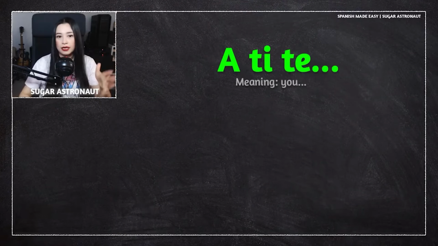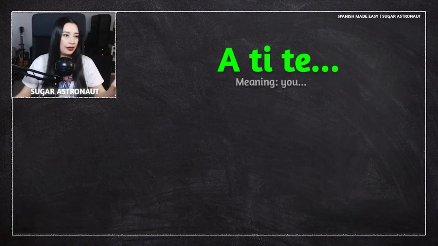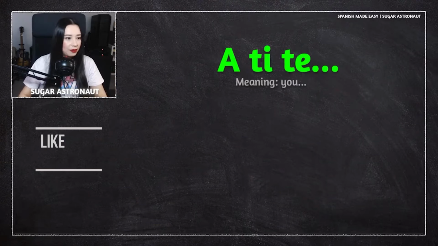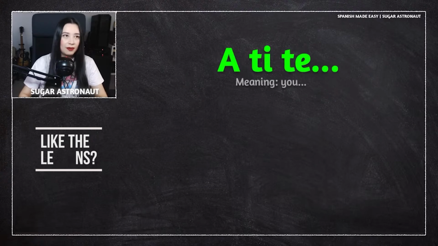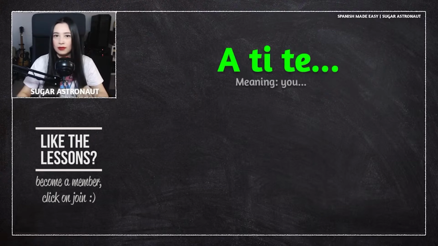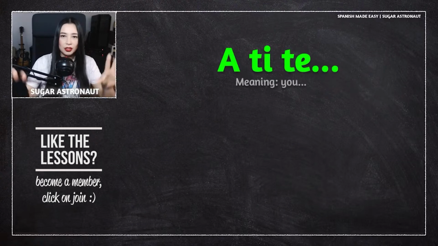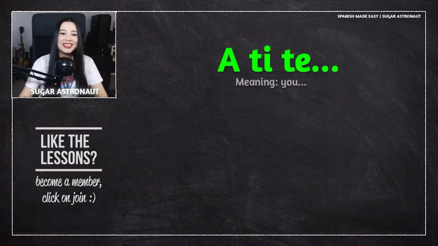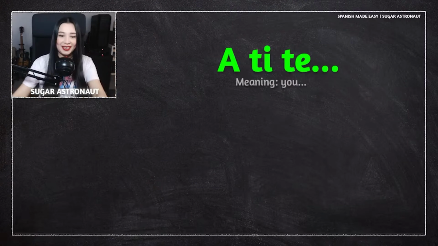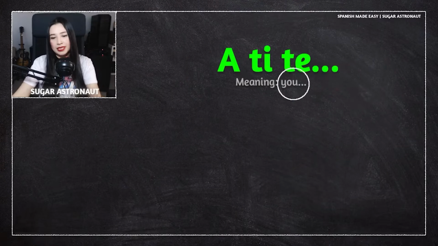And sometimes you actually need to use this for certain verbs that work in that way. But usually you don't have to worry about, oh my God, should I use this or tú? So don't get overwhelmed. Just let's learn this, okay? A ti te means you. It's similar to saying you.